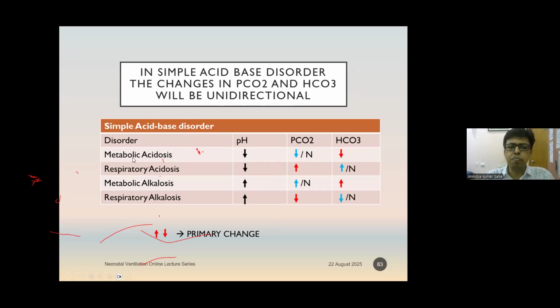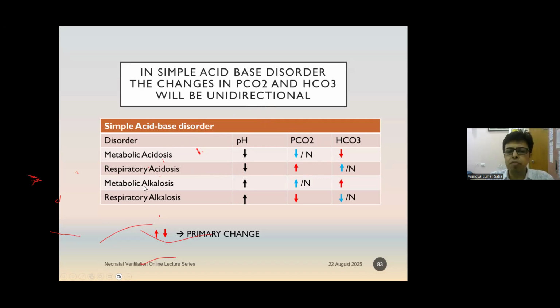So in metabolic acidosis, if bicarbonate is low and along with that PCO2 is low or normal, it is simple metabolic acidosis. Similarly, in respiratory acidosis, the PCO2 is high and the bicarbonate is high or normal, then the direction is unidirectional, and we can call it a simple acid-base disorder.